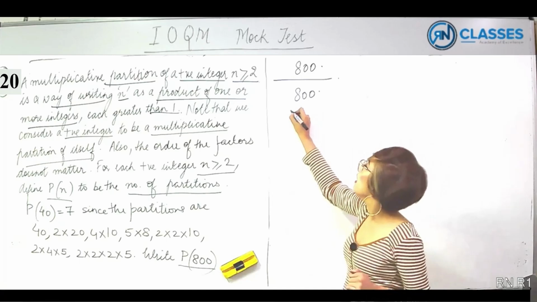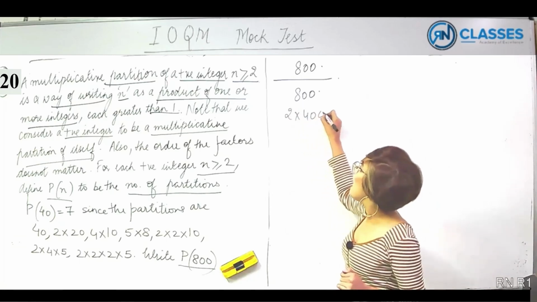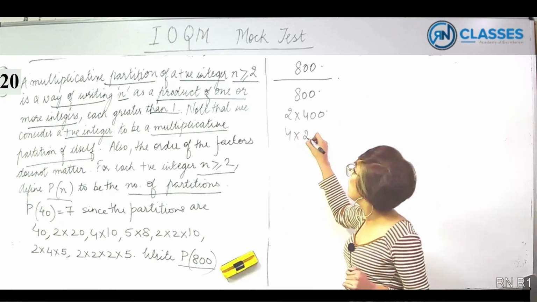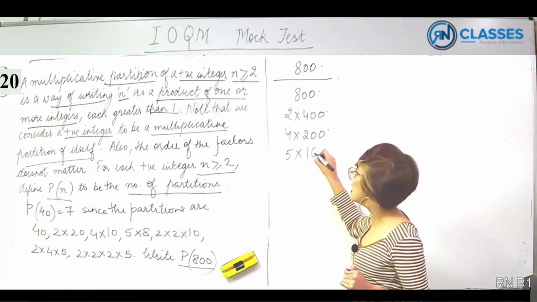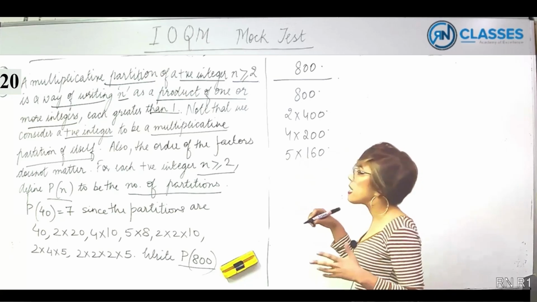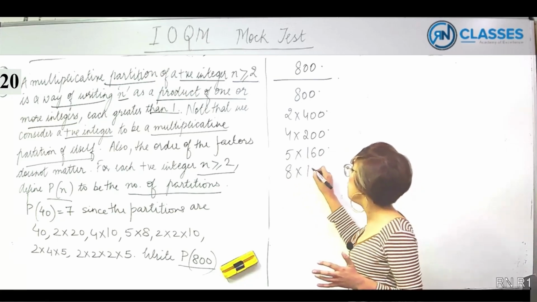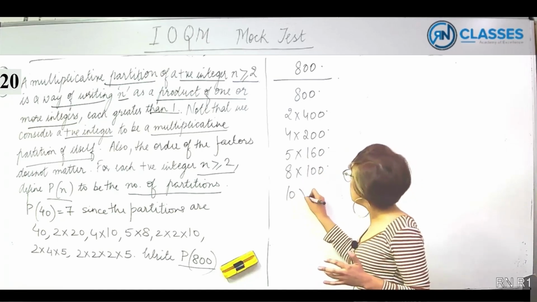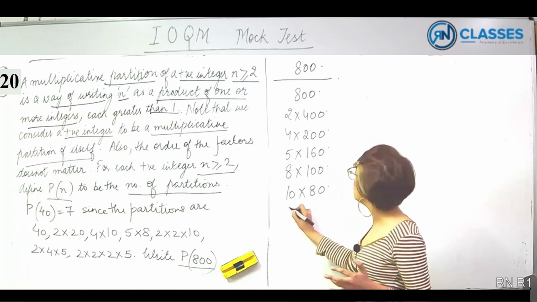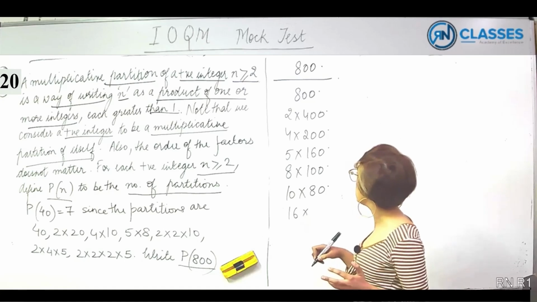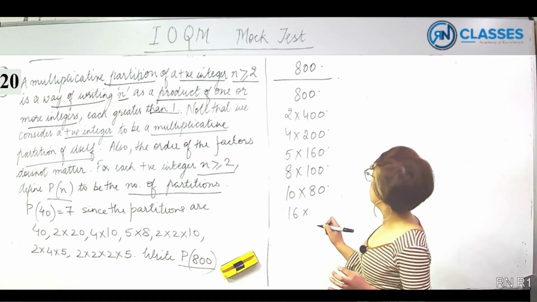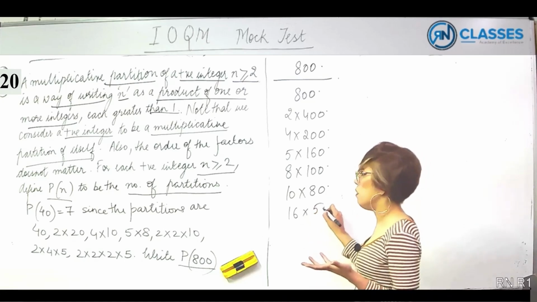So I can start with 2 into 400. Then I can have 4 into 200. Then 5 into 160. Then obviously 6, 7, no, 8, yes, 8 into 100. Then I can have 10 into 80. Then I can have 16 into 50, of course.